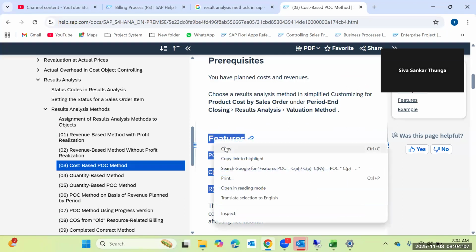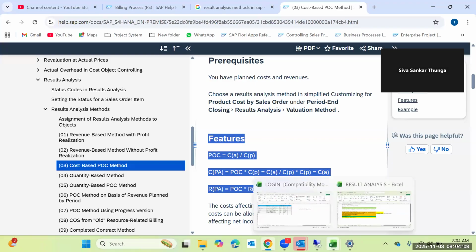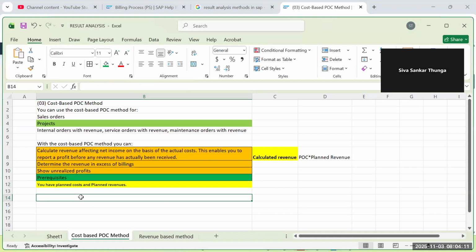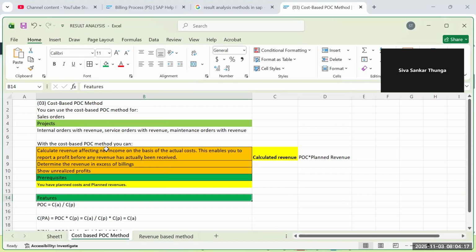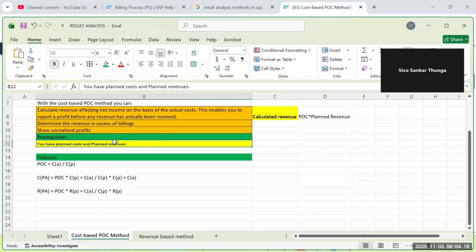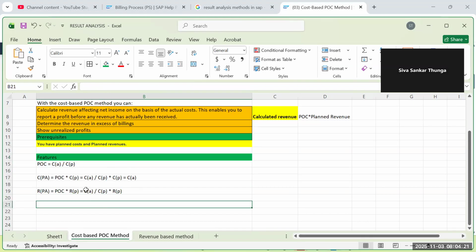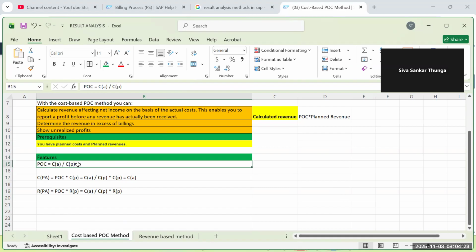So these are the formulas for the cost-based POC, for cost of sales and revenue calculation. This is very important. These are the things that you need to remember: the formula for calculating POC, the formula for cost of sales, and the formula for revenue affecting net income.